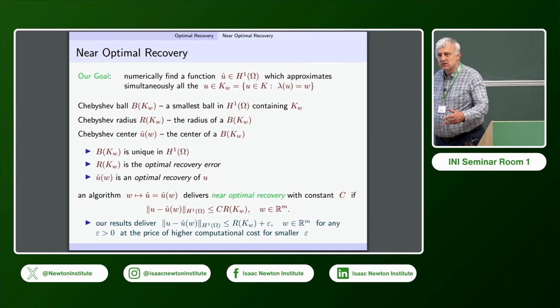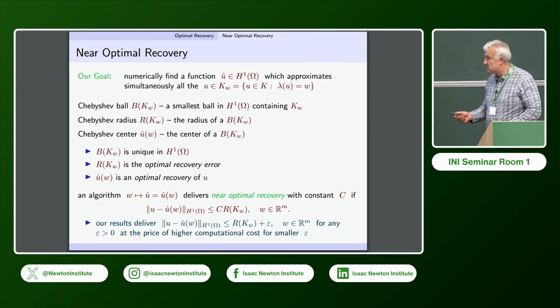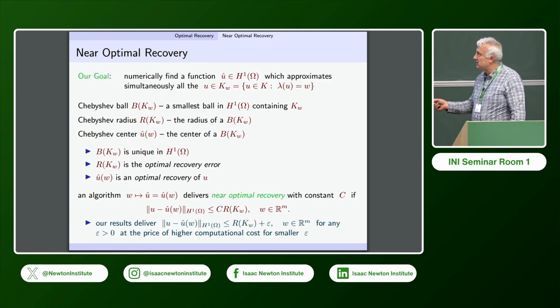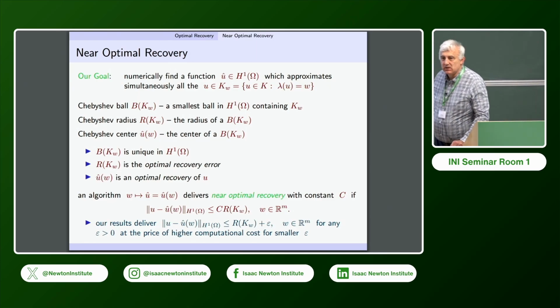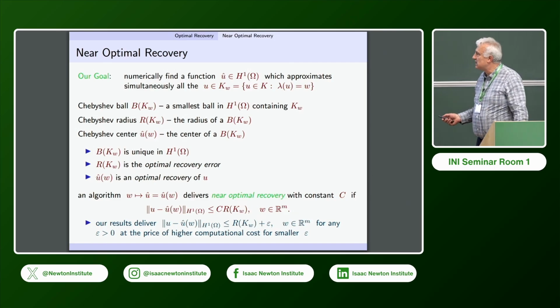So that is practically the difficulty in the problem when we define the near-optimal recovery, because in this case we have to meticulously see what errors we make at each numerical step, so as to guarantee what is happening at the end.